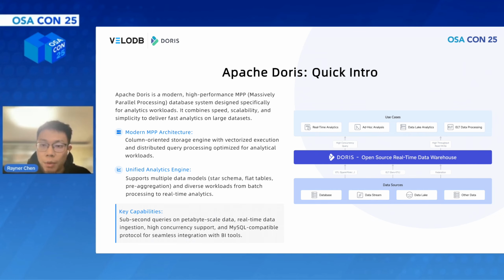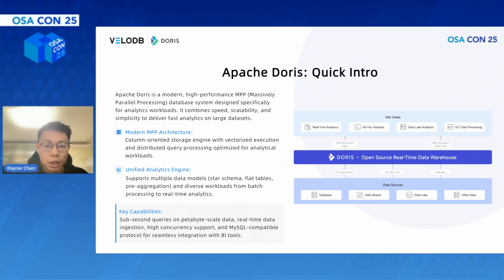Let me start with a quick introduction to Apache Doris. Doris is a high-performance analytical database with its own storage format and computation engine. It offers a wide variety of data ingestion methods, making it very easy to bring in data from mainstream sources and run high-performance real-time analytics on top of it.